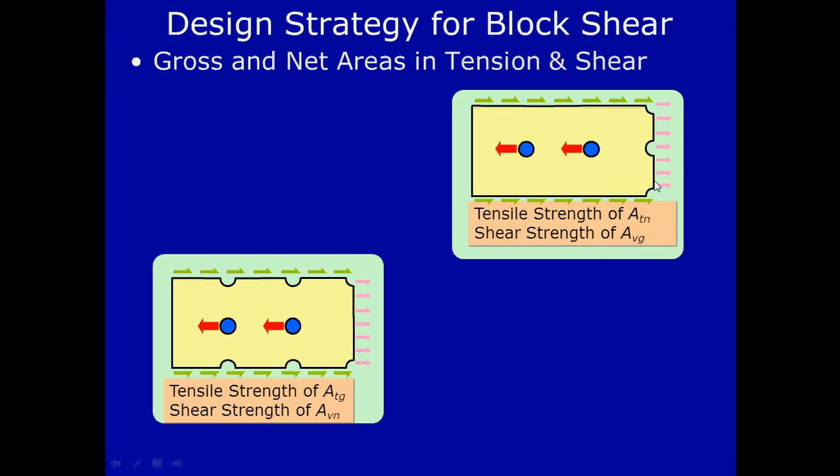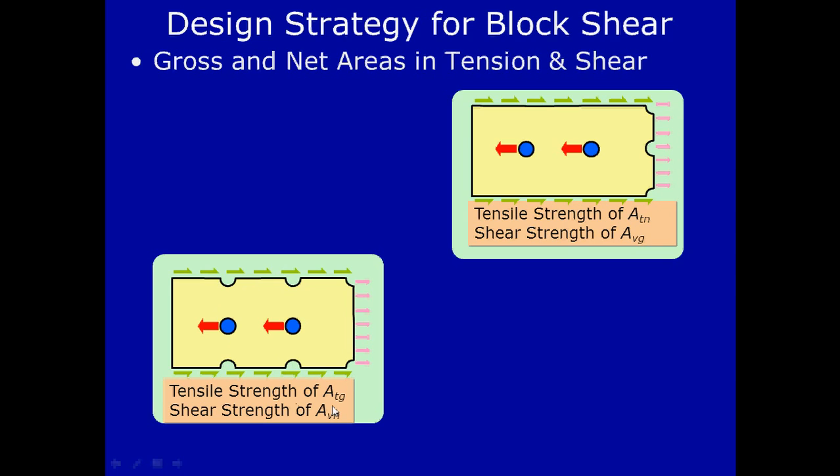Now to find out the net area in case of area subjected to tension, we should consider the net area, because the area subjected to tension has bolts. In the second diagram we can see that along these two lines the shear forces are acting, and we have holes along these two lines.